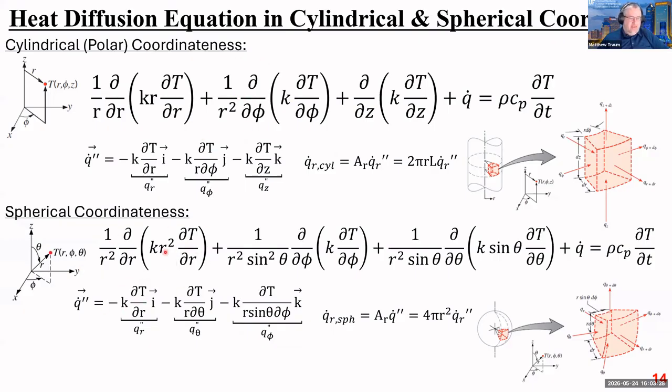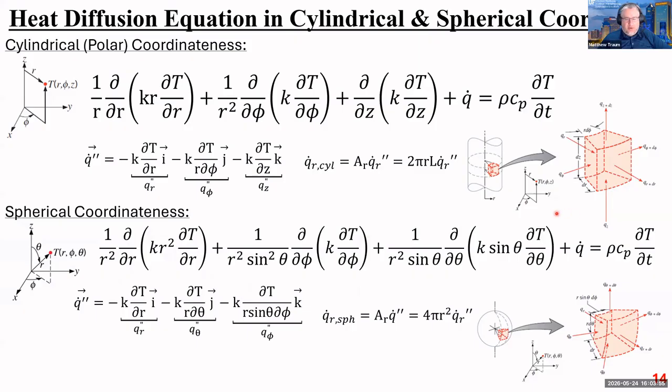But in this case, I have an r squared living in front of the derivative, right? So I'm going to take this term, put in my T value, take this derivative, multiply by r squared, and then take the derivative of that with respect to r, and then divide by r squared. The units work out fine, but this term sitting inside the derivative does sometimes create some weirdness, right? So just be aware that that's there.